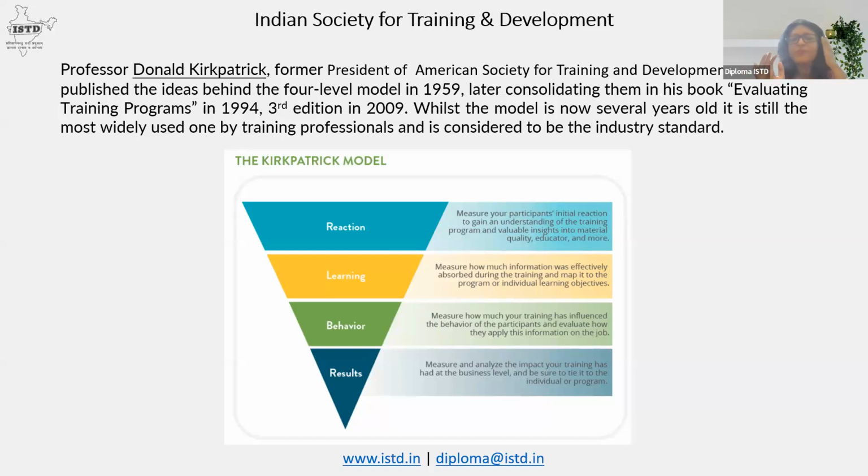So there should be a proper budget plan to execute all of this, including the 5th level, which is the ROI level, where you find out the monetary implications in terms of the delta change achieved.